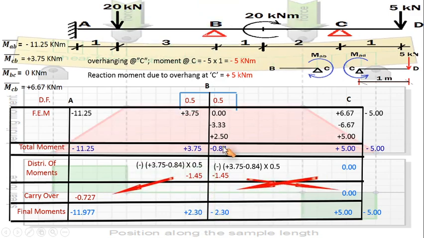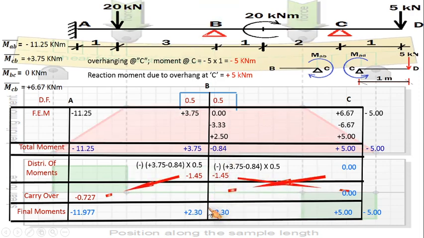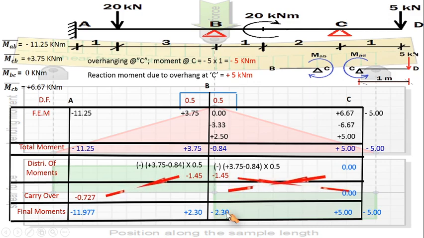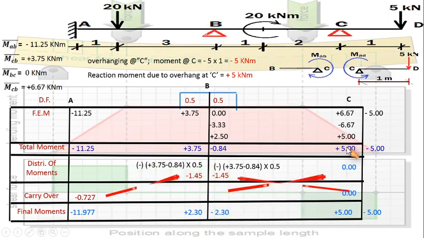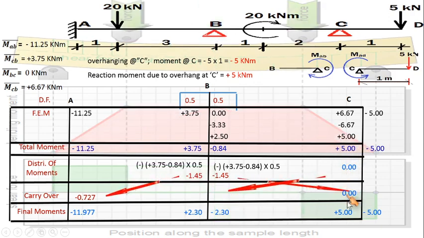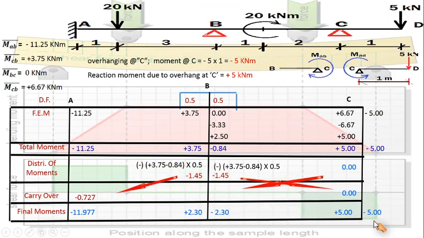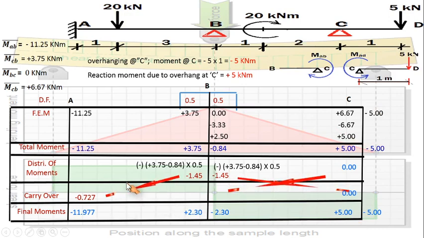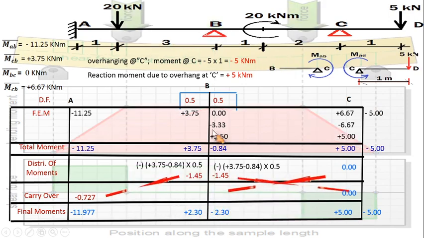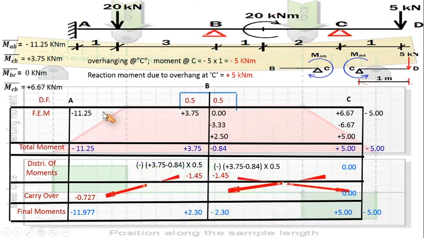Same is the case with the right hand part of B, minus 0.84 minus 1.45 comes out to be minus 2.3. Is it okay? And as far as point C is concerned, only one moment was remaining here, that is 5 as it is. On the right hand part of C, only one moment is remaining, that is minus 5. So this is how you can observe about a junction. About junction B, the left hand moment or BA moment is equal to the BC moment.